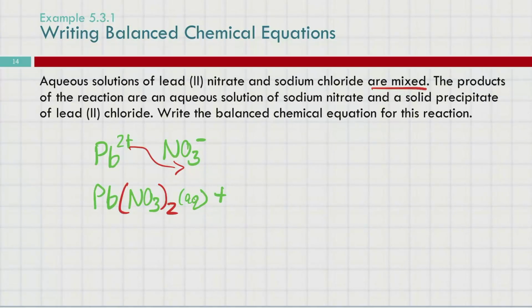Second chemical, sodium chloride. Sodium is Na, chlorine, the base for chloride, is Cl. What charge does sodium form when it's an ion? Find it on the periodic table. 1+.